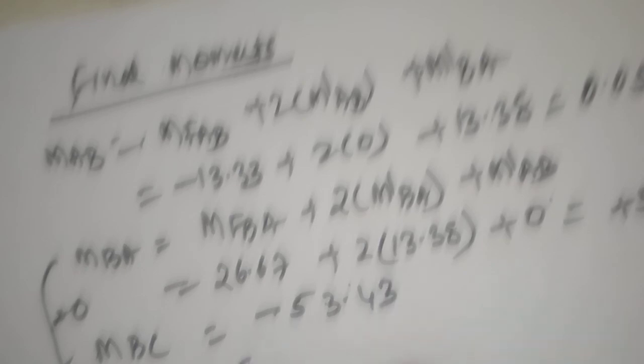Now, since net moment at B has to be 0, we need to ensure that MBC value should be minus 53.43. We'll verify this by considering the equation MFBC plus 2 times M dash BC plus M dash CB. MFBC value is minus 60. M dash BC value is 13.38 plus 2 into 13.38. M dash CB value is minus 20.2.